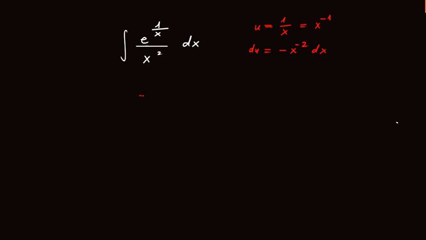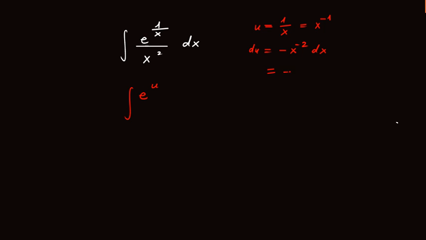So what that means is that up above, we'll place u in place of 1 over x. Right? u is equal to 1 over x. And then now we have to look for where is dx and x squared. Well, x squared in the denominator is the same as x to the minus 2 in the numerator.